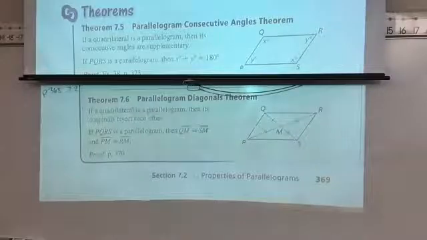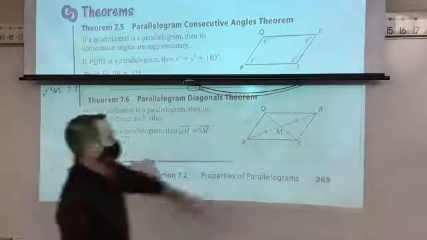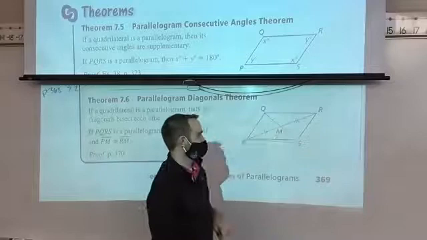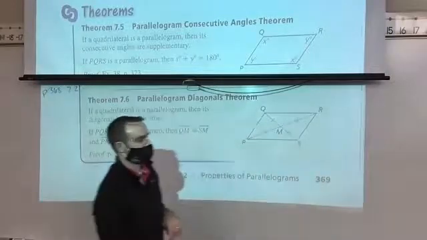It does not mean that the diagonals themselves are congruent, right? You look at that, QS is not congruent to PR. We can see that. So what we can say is that QM and SM are congruent, PM and RM are congruent.